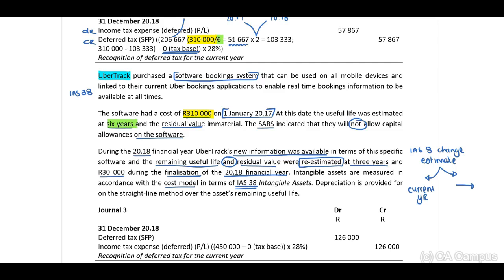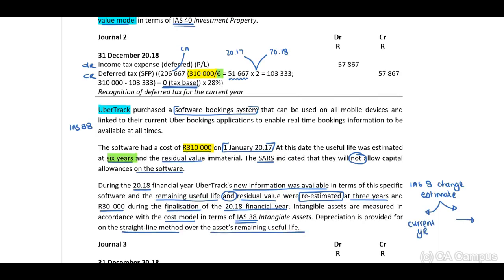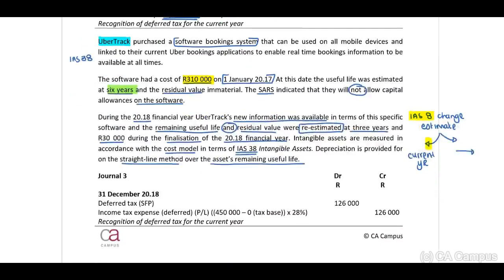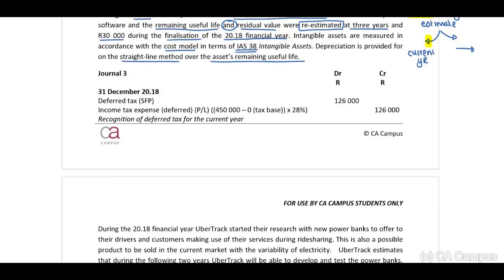Depreciation is provided for on the straight line method over the asset's remaining useful life. Now immediately when you look at the journal entry, this is at the end of 2018. Now, they have still used the original depreciation, 6 years. But when we look at IAS 8, we need to identify that we had to apply this in our current year. But at this point of time, we don't know the requirement. Therefore, we're not going to waste too much time.